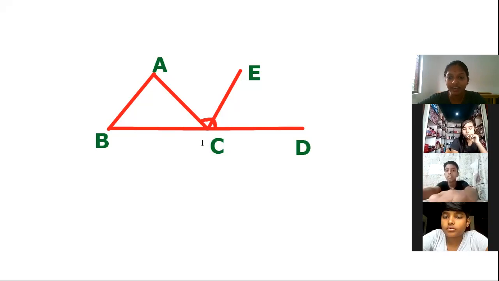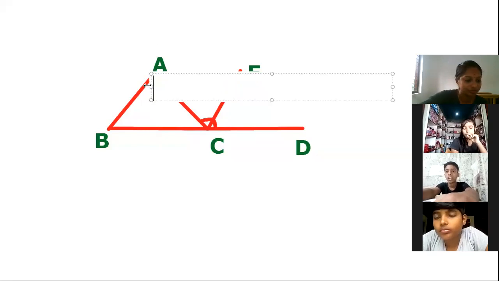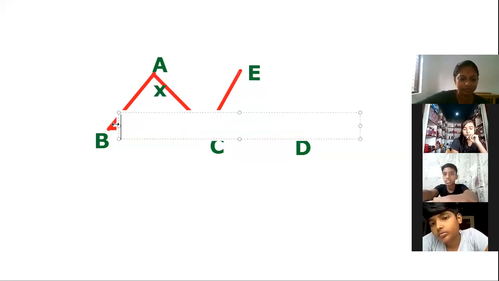Okay, so here we have two parallel sides, that is AB and EC, and we have a transversal cut by the parallel lines, that is AC. Then what should be the angle A equal to? I am just taking angle A as x degree and angle B as y degree.